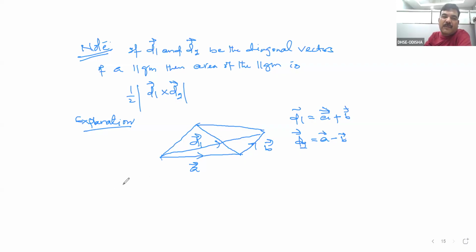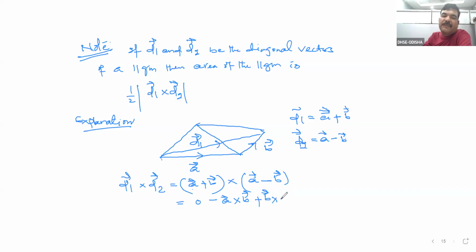So d1 cross d2 is equal to A plus B cross A minus B. This is equal to A cross A, that is 0, minus A cross B plus B cross A minus B cross B, which is 0.